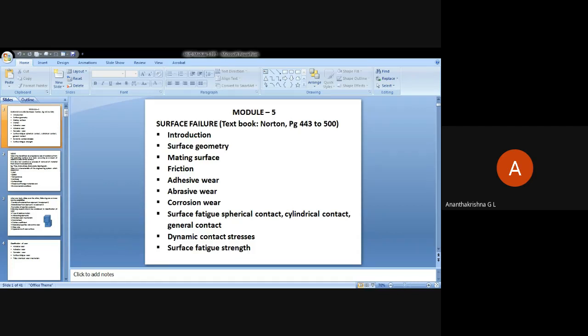Are you able to see the Word document here? What you are seeing in your screen? Module 5 PPT, sir. Wait, I wanted this Word to be taken.